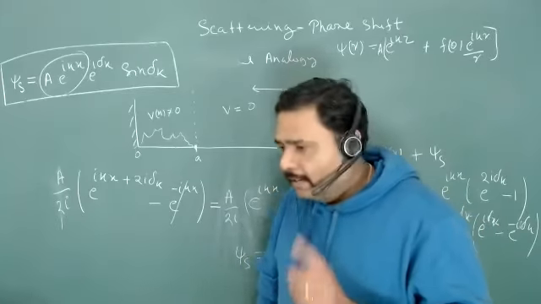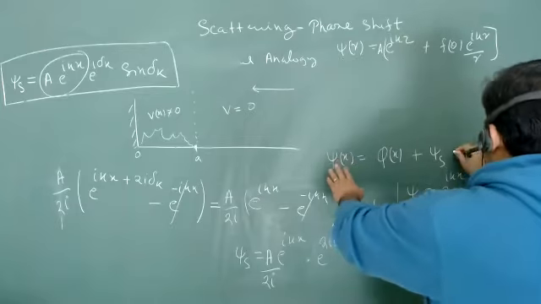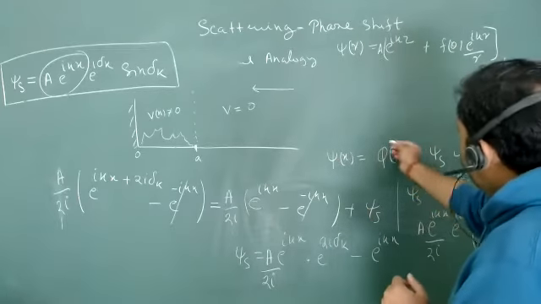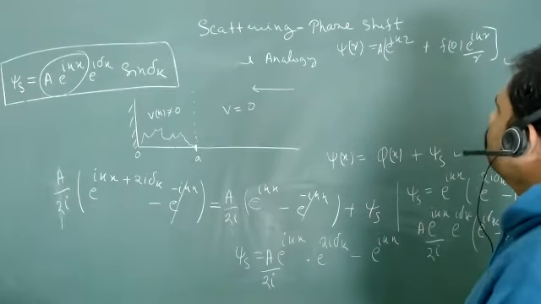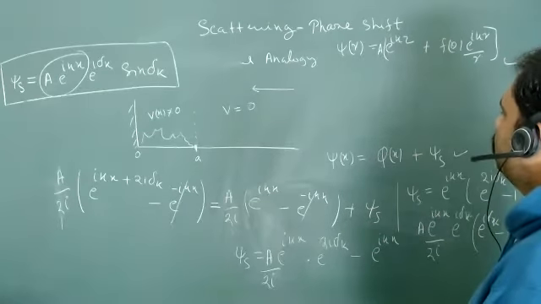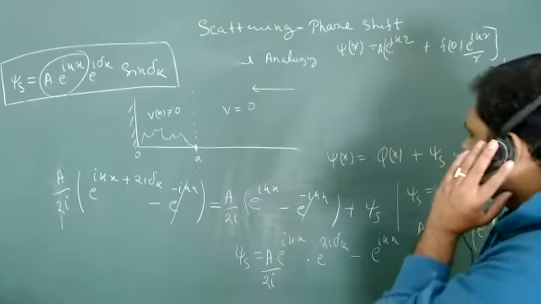Yes, sir. Now, if you are going to compare from this to this, can you please tell me what this phi x will be here? Slowly, the voice is not coming through.